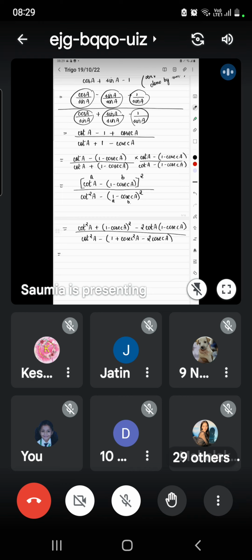Now let's look at the numerator. Cot square A as it is. This bracket we have to open. So it will be 1 minus cosec square A minus 2 cosec A. A minus B the whole square formula. Now open this bracket. So 2 minus 2 cot A plus 2 cot A cosec A.